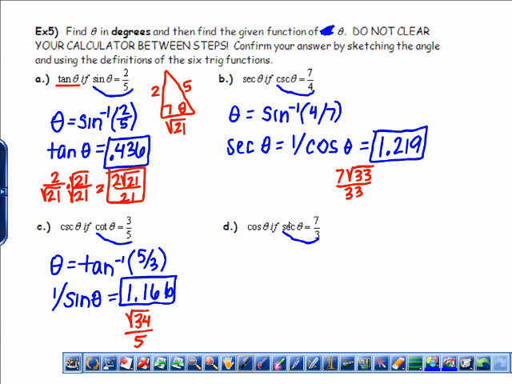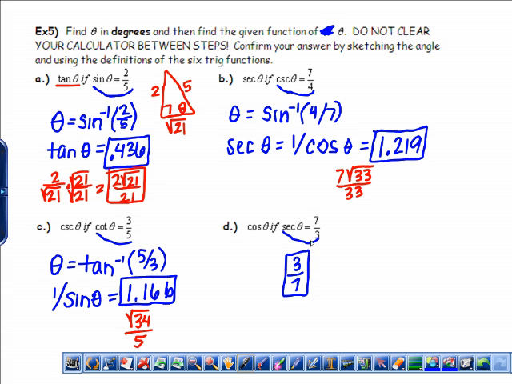Cosine, secant, they are reciprocals of each other. The theta in both of these cases is the exact same theta, alright? So let's think about, if secant is 7/3, what would cosine be? 3/7. Exactly.